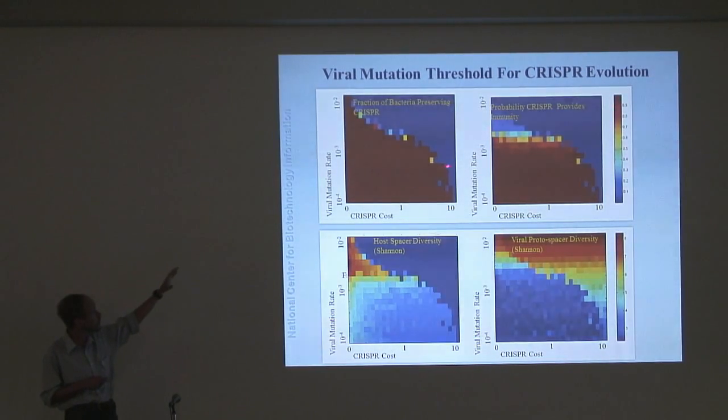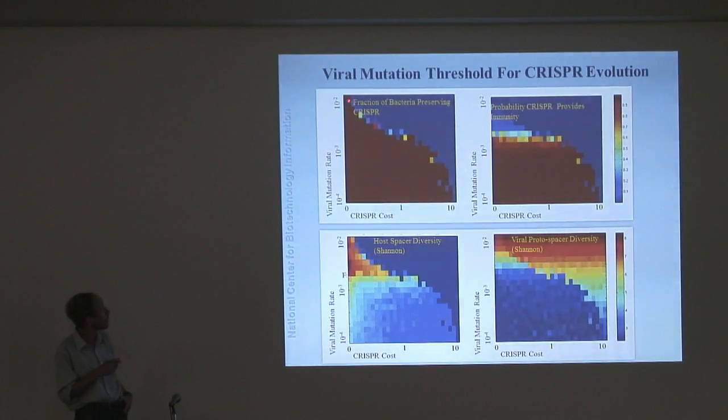It's pretty much like a phase transition between the fraction of 1, where all your strains, this is done for a great variety of these versions, and below this separatrix line, with few exceptions, effectively all of your strains maintain this. Above this separatrix line, where the cost is relatively high and the viral mutation rate is relatively high, you lose the CRISPR locus. It's not justified, so to speak, in terms of selection to maintain.